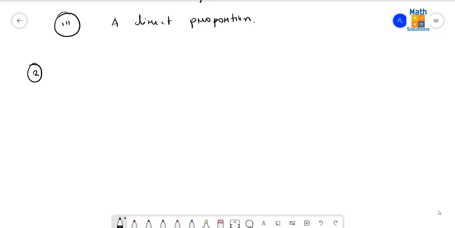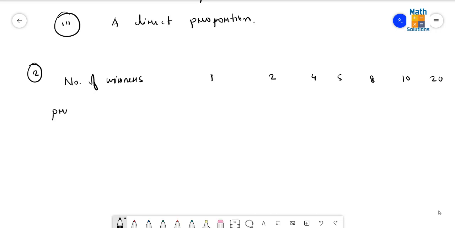The table given is like this: number of winners, that is the first row, 1, 2, 4, 5, 8, 10, 20.